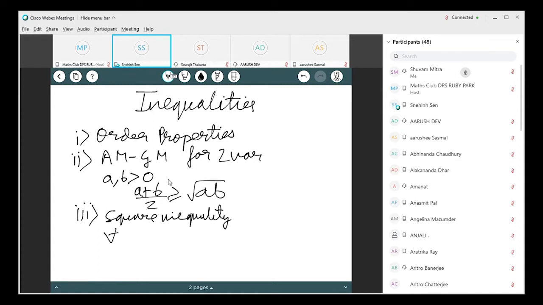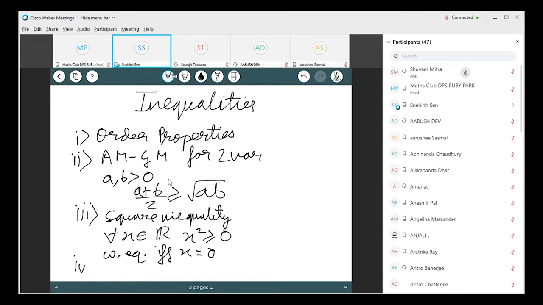For all x belonging to R, x square is greater than or equal to 0, with equality if and only if x equals 0. If x is not equal to 0, then x square is strictly greater than 0.